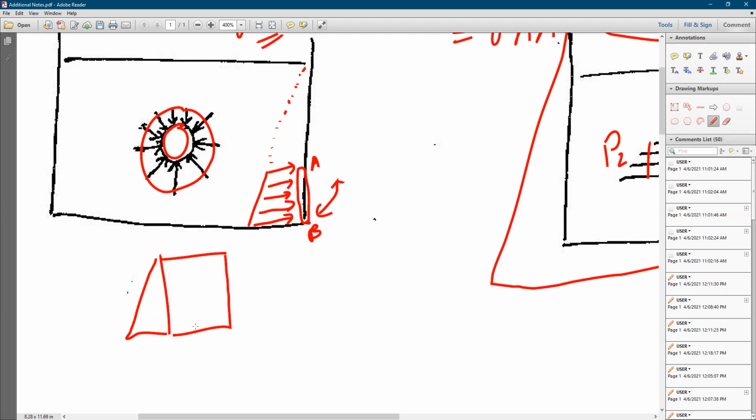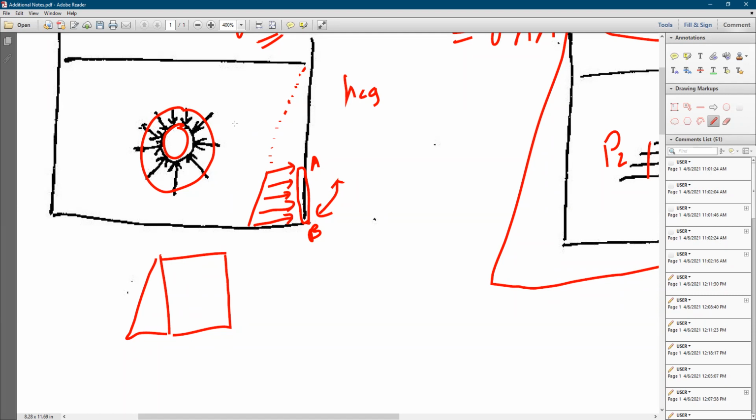That's why when you want to calculate the pressure on this particular area, what you need to do is that, that is why you have this, what you call it, HCG.